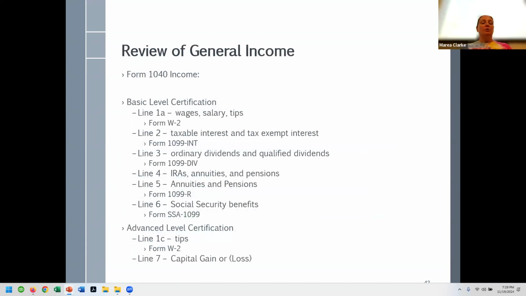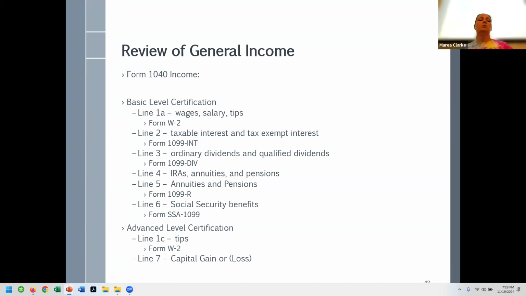All right, so general review. The first section on the 1040 is for income. Wages, salaries, and tips reported on a W-2. Interest, dividends, capital gains, retirement income, Social Security. We're only doing advanced certification level here, so you get all of this stuff.